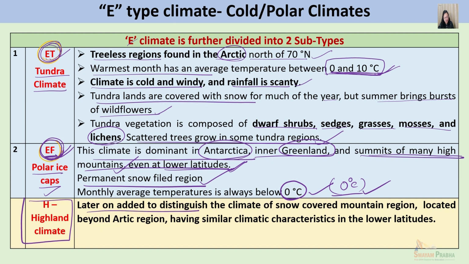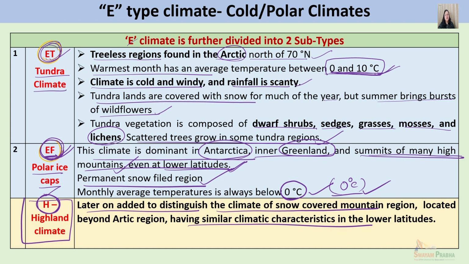So later on, this particular capital letter H category was added to the Koppen classification and it was modified to distinguish the climate of snow-covered mountains in regions other than Arctic and Antarctic areas. But these particular areas have similar climatic characteristics, although they were located in the lower latitudes.